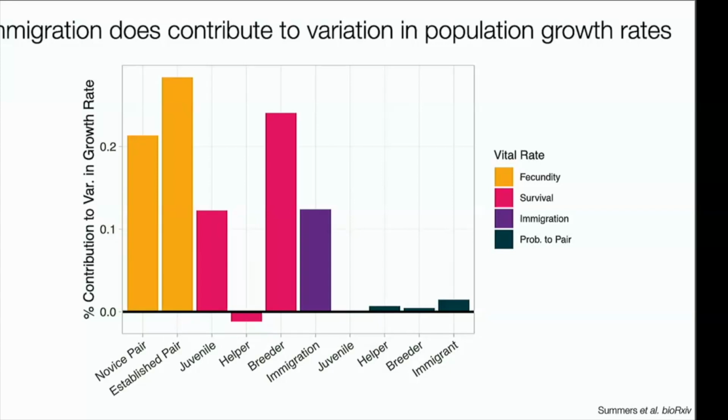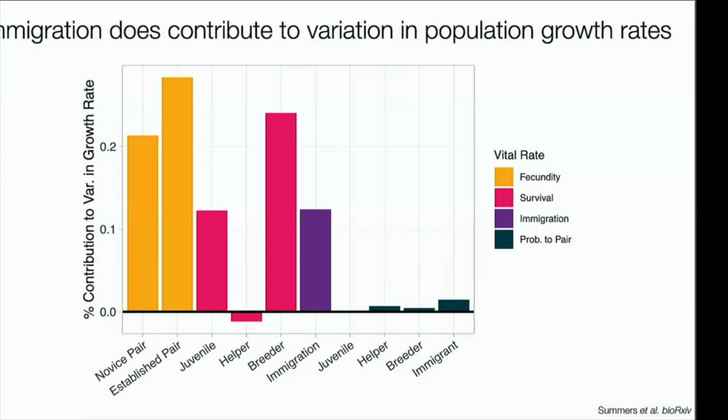And then the last four columns, juvenile, helper, breeder, immigrant, are the probability of pairing. So the probability an incoming immigrant becomes a breeding pair. That probability of pairing is shown in dark blue, and it doesn't really impact population dynamics that much.